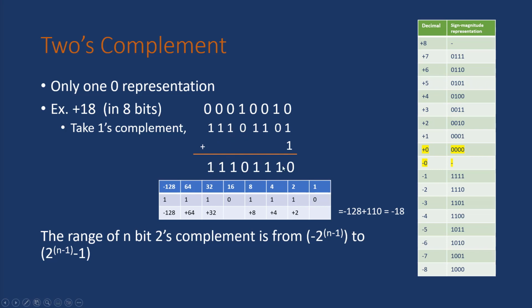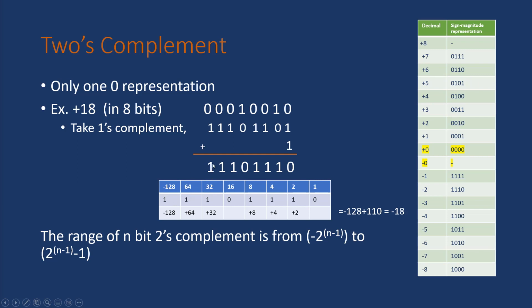Okay, this is 2's complement. How this represents negative 18, you see here 1, 1, 1, 0, 1, 1, 1, 0.